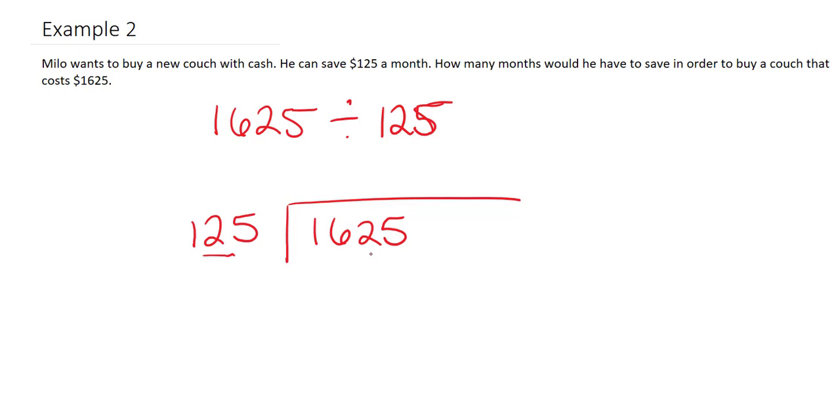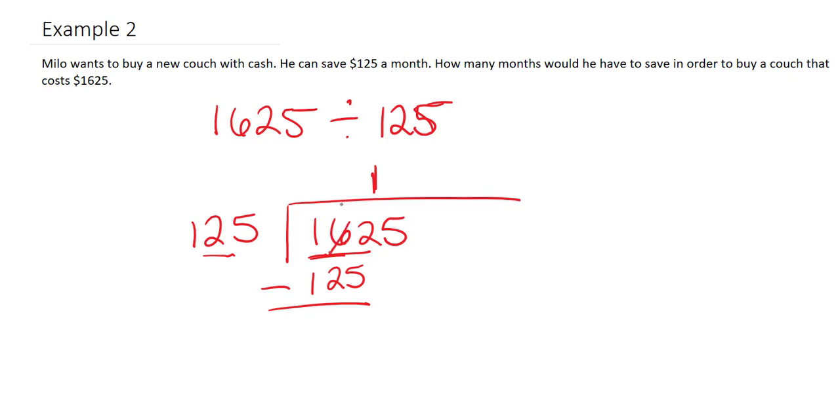Well, 125 can't go into 1, it can't go into 16, but it can go into 162. Because it can go into it one time, because 125 times 1 is 125, so we can go ahead and subtract. And we put this 1 over the 2.